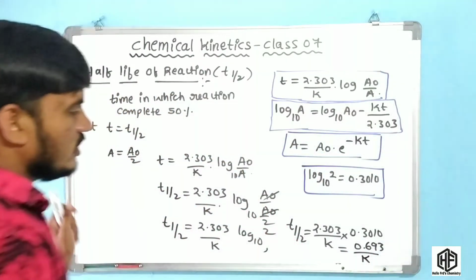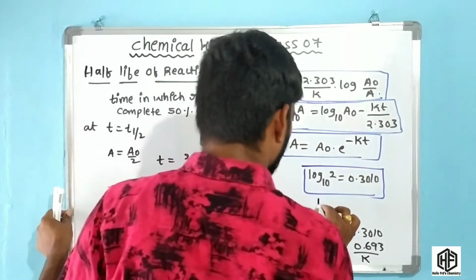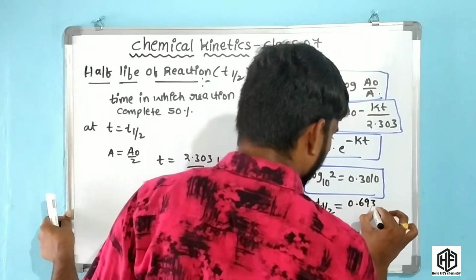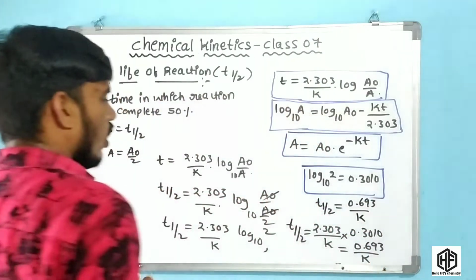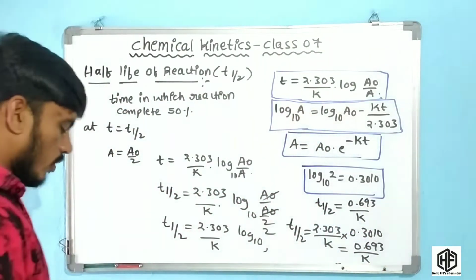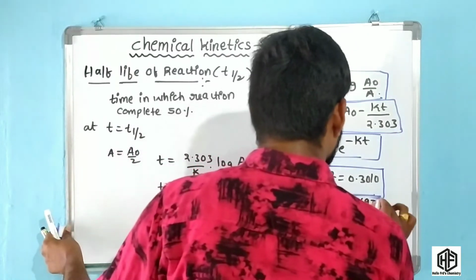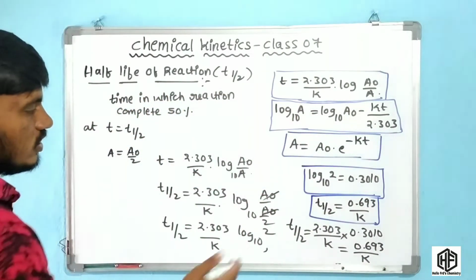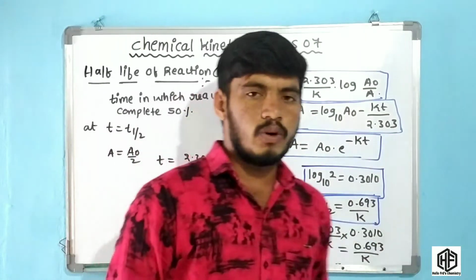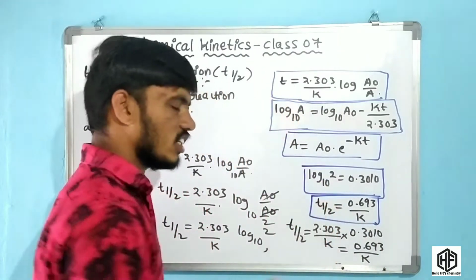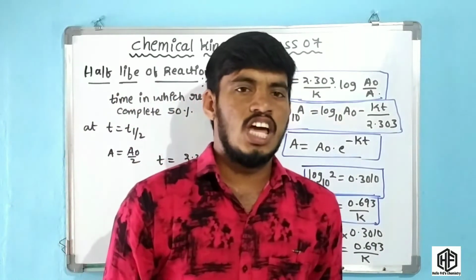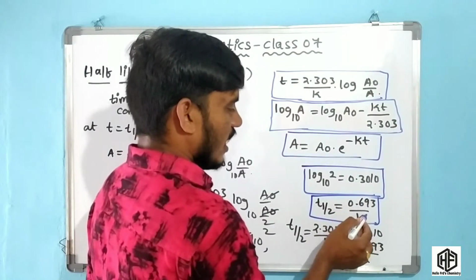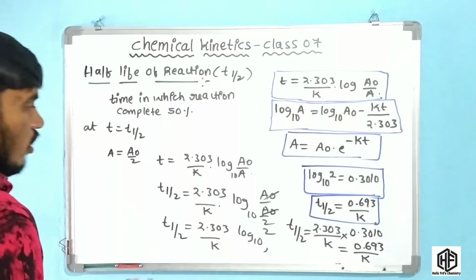This is the half life of a first order reaction. This half life does not depend upon the initial concentration, because the half life of a first order reaction is constant. The value is 0.693/k. Okay friends, this is very important.